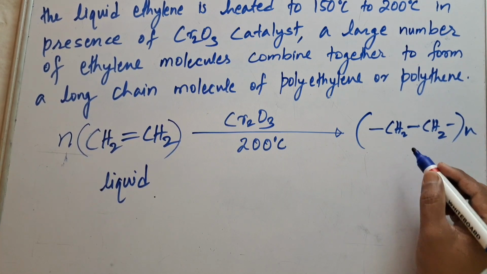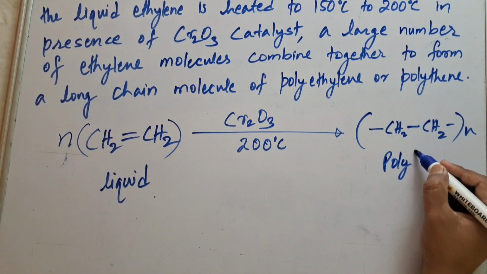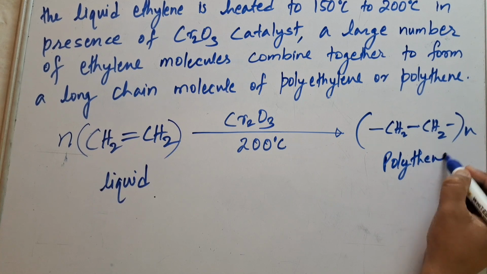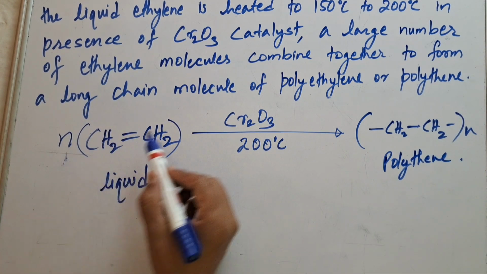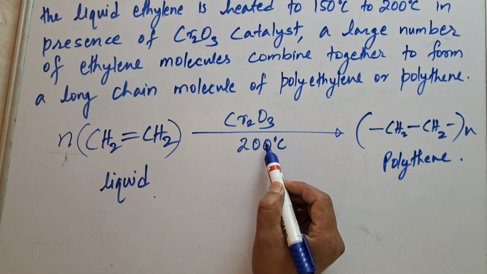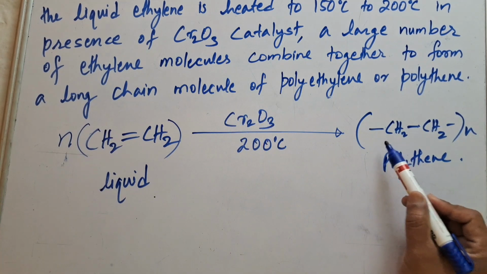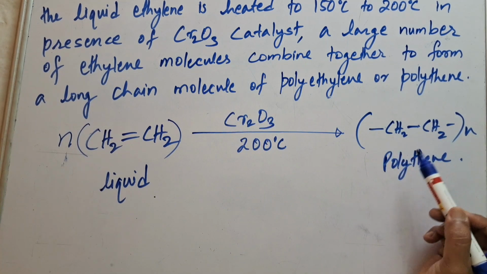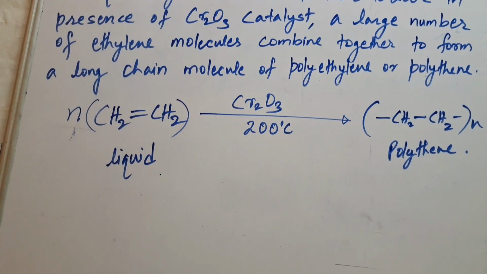This is actually polyethylene or polyethene. N molecules of liquid ethylene heated at 200 degrees Celsius in presence of chromium oxide as catalyst forms a long chain of polyethylene or polyethene. Okay, I hope you got this.